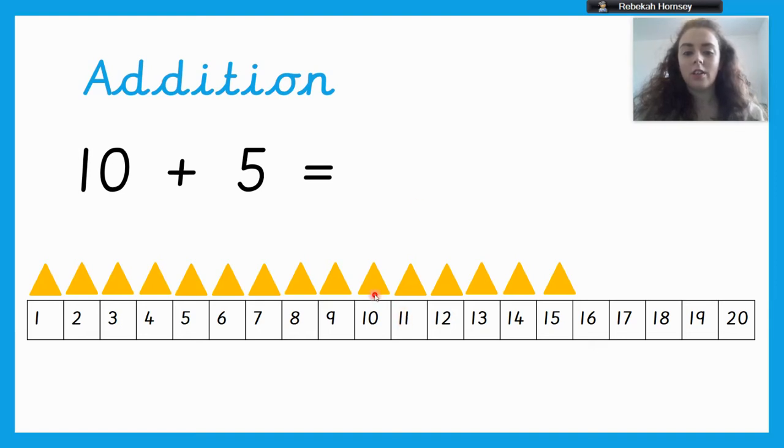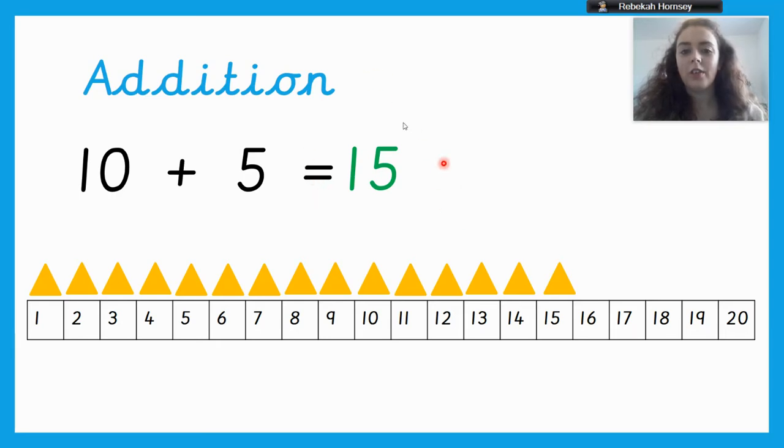So I've got 5 more triangles. I'm just going to count to make sure that I do have 15. Let's check. 1, 2, 3, 4, 5, 6, 7, 8, 9, 10, 11, 12, 13, 14, and 15. So my answer is 15.